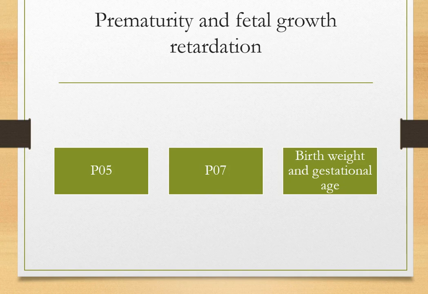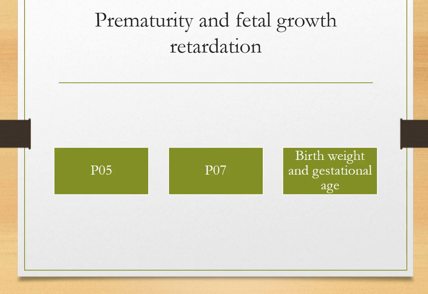Of note, assignment of codes in category P05, which is disorders of the newborn related to slow fetal growth or fetal malnutrition, and P07, disorders of the newborn related to short gestation and low birth weight, not elsewhere classified, should be based on the recorded birth weight and estimated gestational age.